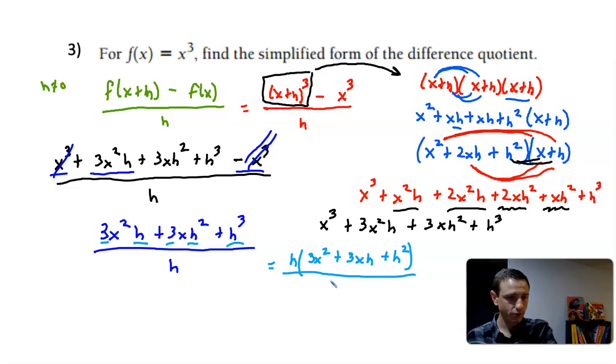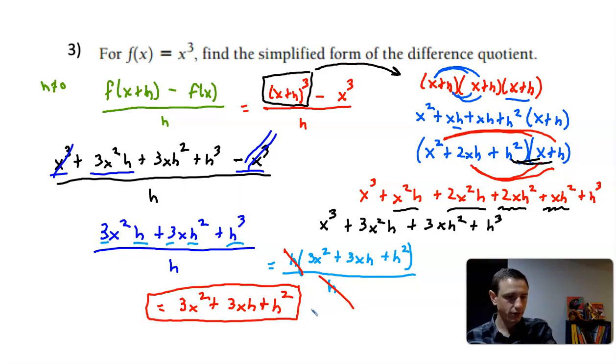And that is all over h. Bonus, h over h, boom, gone. So all we're left with here is 3x squared plus 3xh plus h squared. The h's cancel out, so that's what we're left with.